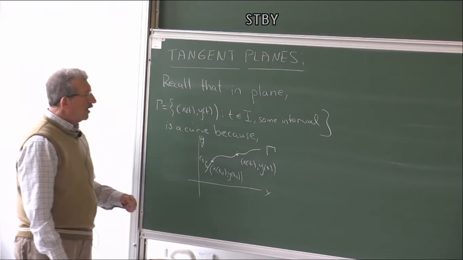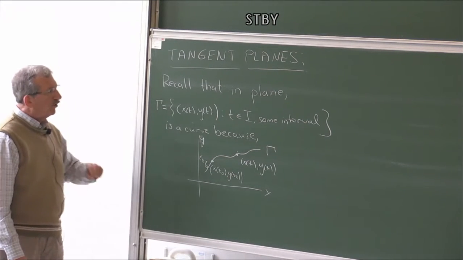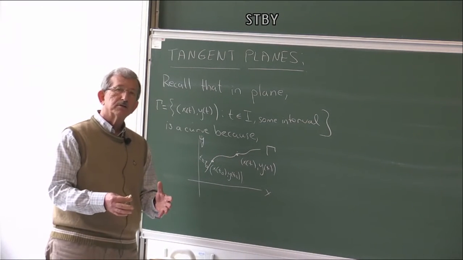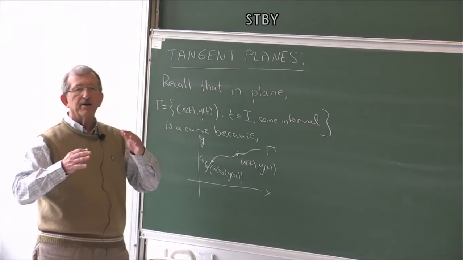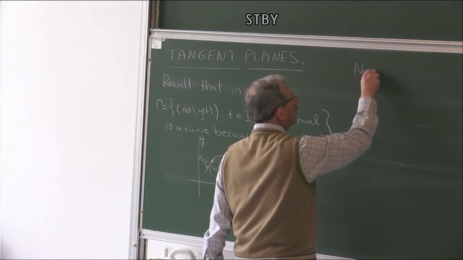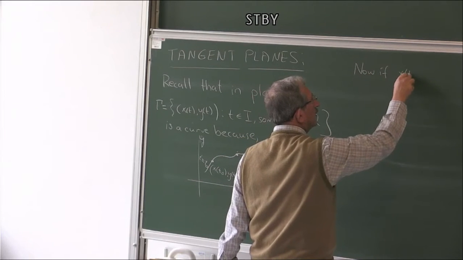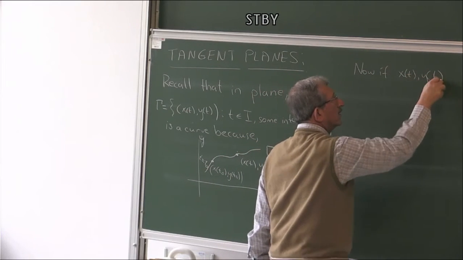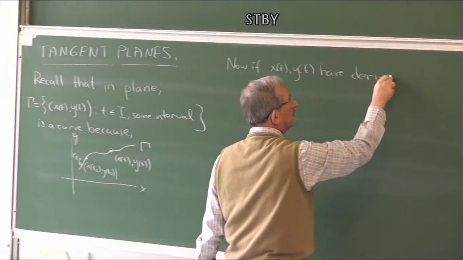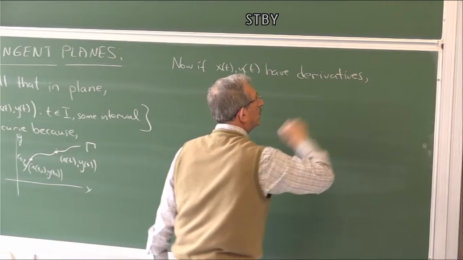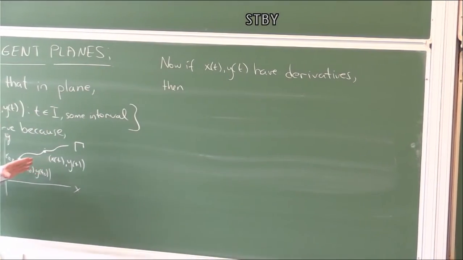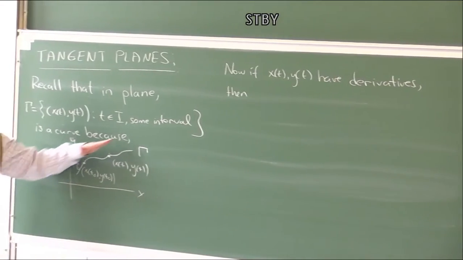Now, when we look at this curve and assume x and y are differentiable functions of one variable, that is, they have their derivatives, then we can talk about a tangent line to this curve.